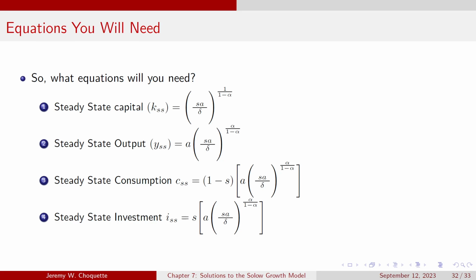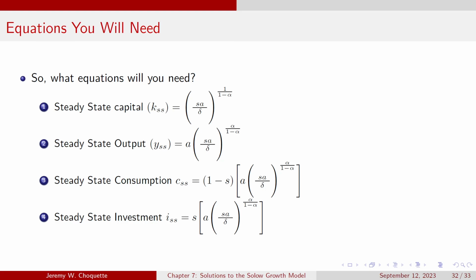The amount of capital that's falling apart, that's depreciating, increases, which means the amount of capital that we have on hand is going to be falling. So S, A, and delta all make sense now in terms of how they behave with the fraction.